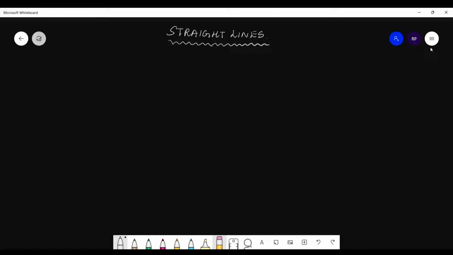We already know if a line is parallel to the x-axis, and this is the y-axis, x-axis, it means the y coordinate is constant. So y is equal to k or y is equal to minus k. The line can be this way also, below the x-axis.